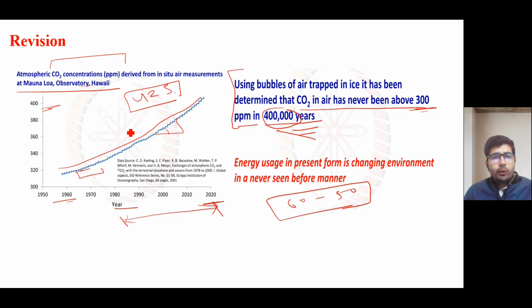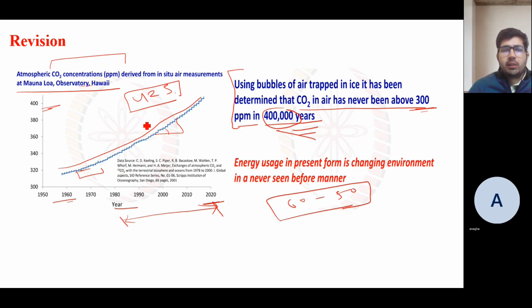Due to the current energy use, if we do not move away from fossil fuels and toward renewable energy, this CO2 concentration will become even higher, and this is a huge danger to the environment. As we currently see, we are seeing global warming issues and climate change issues.